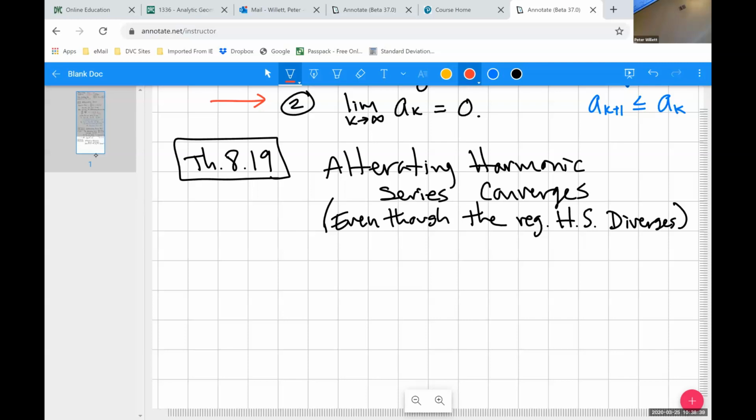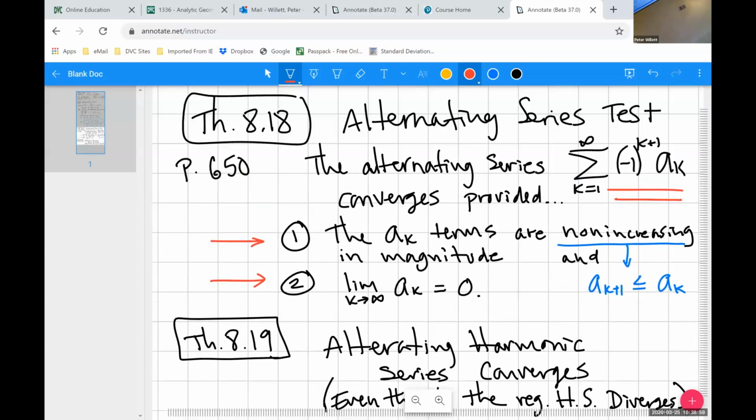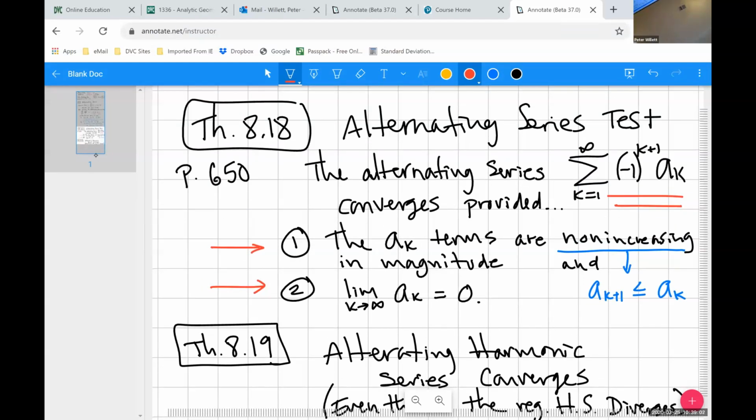So if I look at a reminder from theorem 8.8, the divergence test says that if a series converges, then the terms go to 0. Equivalently, if the terms do not go to 0, then the series diverges. So if this test here, the alternating series test, if this part was not satisfied, if the terms did not go to 0, then the divergence test would give you that it diverged.